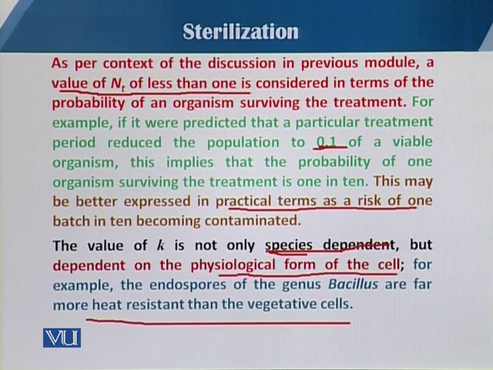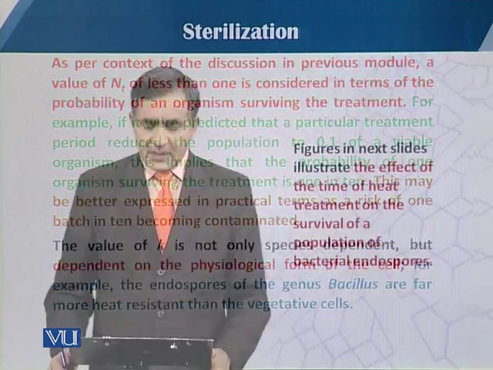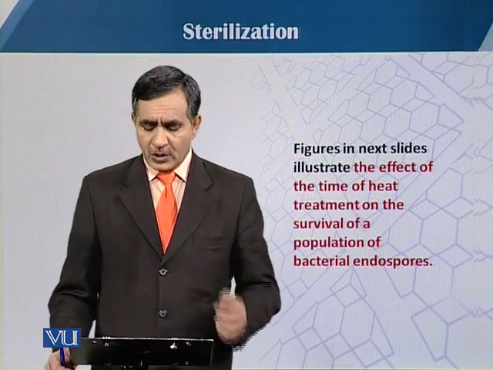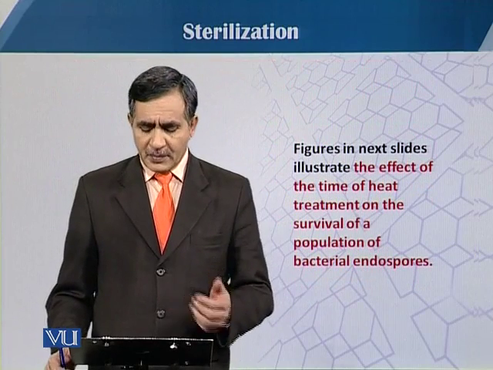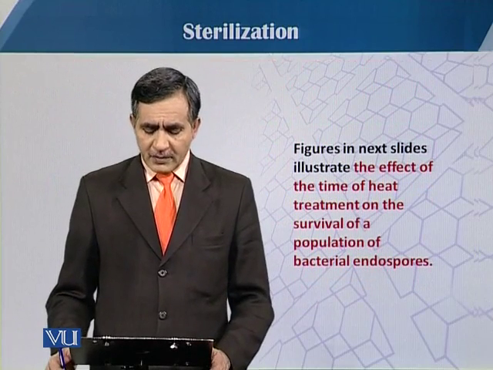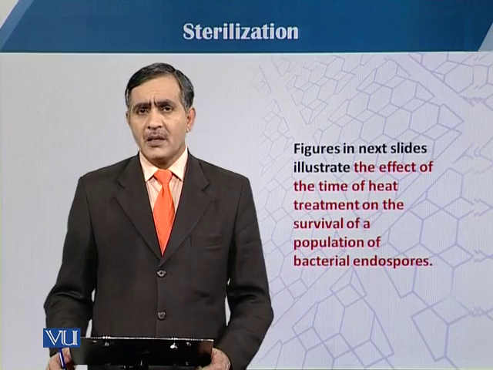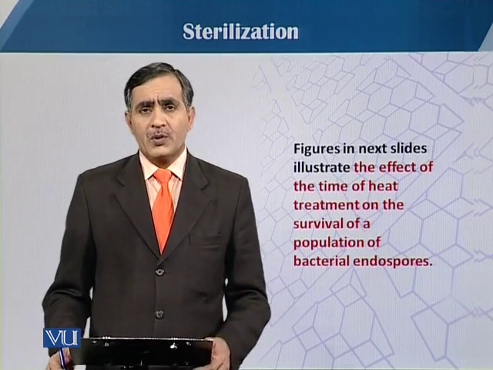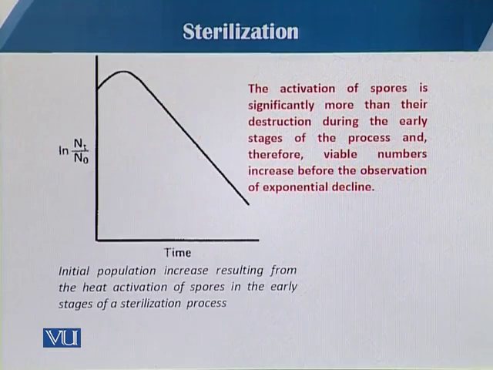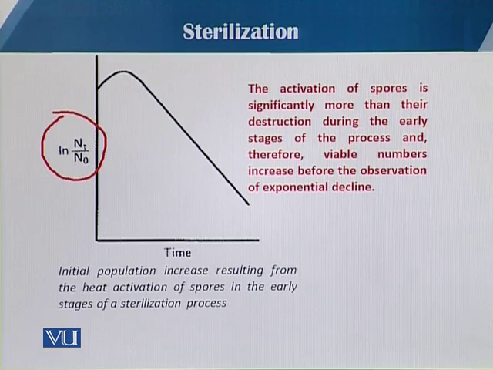So in the next slides, you can see a figure showing the effect of heat treatment on the survival of a bacterial endospore population. In this slide, you can see the plot of log of NT over N naught against time.